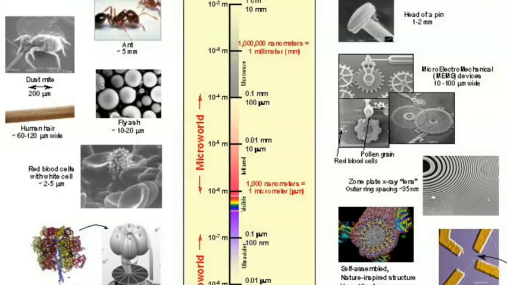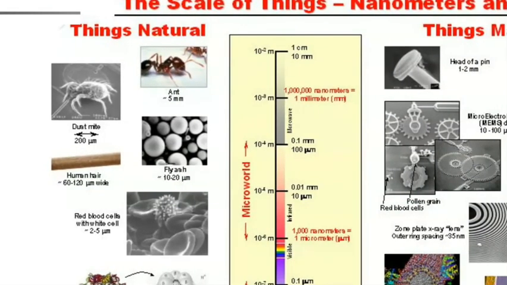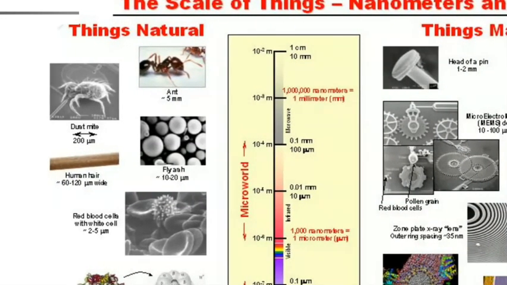If you want to imagine the naturally present things, you can see an ant in the range of 5 mm, then some fly ash in the range of 10 to 20 micrometer.